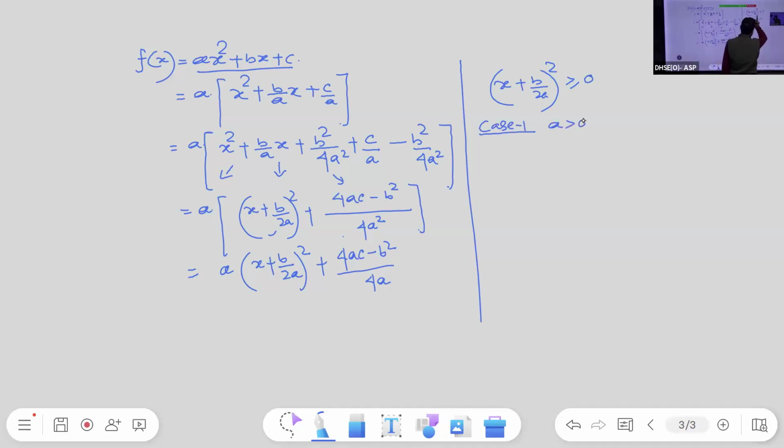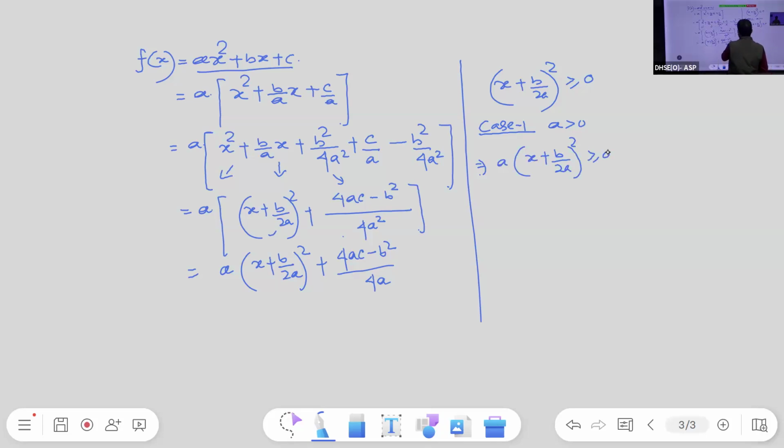a is greater than 0, and (x + b/2a) whole square is greater than or equal to 0. If we multiply these two, then we'll get a times (x + b/2a) whole square greater than or equal to 0. Right? (4ac − b²)/4a is a constant quantity. If a constant quantity is added to both sides of an inequality, then the symbol of the inequality remains unchanged.